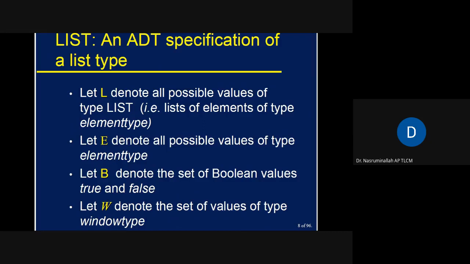So first, if we are going to represent or implement a list, symbolically we will define L as a symbol for representation of the list. So L will represent a list, and as each list has different elements, the element will be represented using a symbol E.